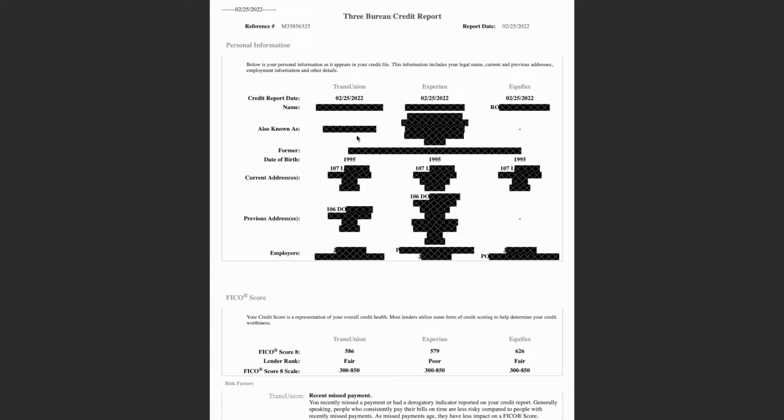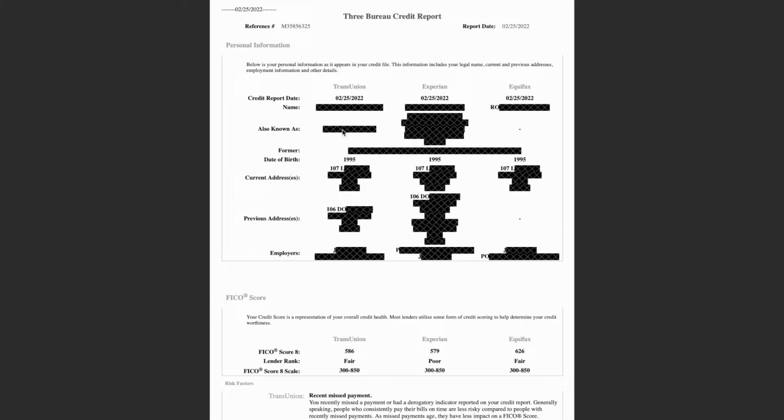If a name is incorrect, it'll show up in this "also known as" section, and if it's the same as one of the accounts you're disputing, they'll say it has been proven that it is yours, and still try to follow you, charge you, and keep reporting it inaccurately. This is something you don't want. So always make sure you get those names removed, and this should be your first priority.